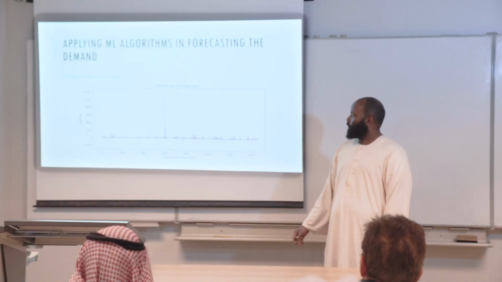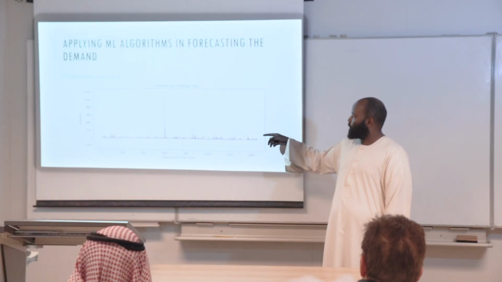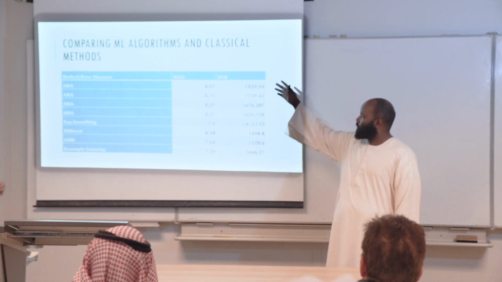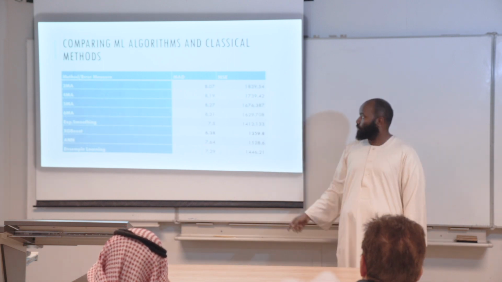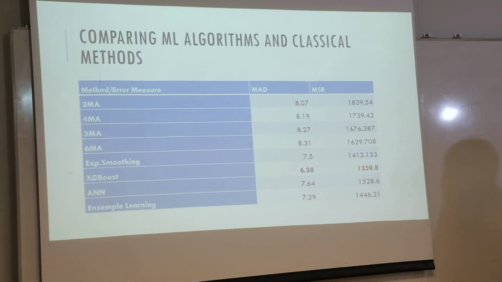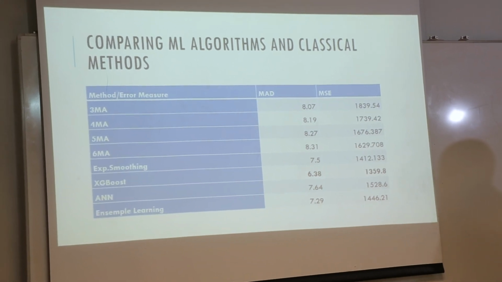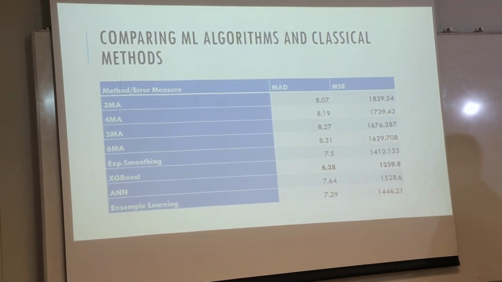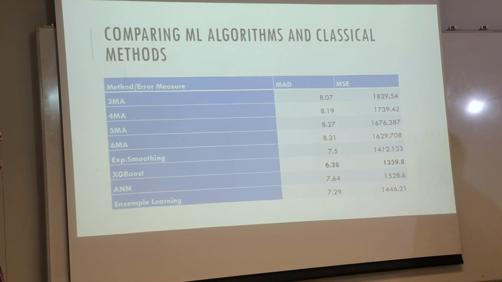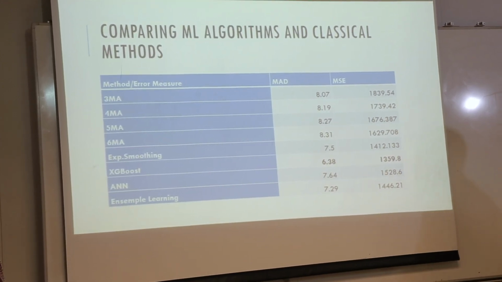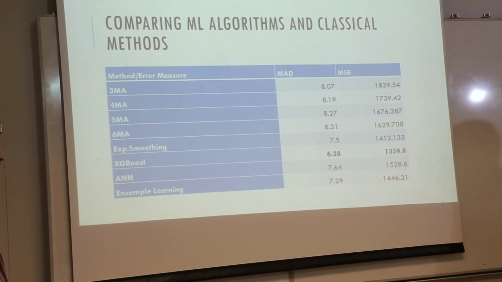And here we tried to combine both models to get even better results. This is the comparison between the machine learning tools and the classical methods. It's clear that the machine learning tools were dominating the classical methods. The best method we had is XGBoost. It improved on the classical methods by 15%.